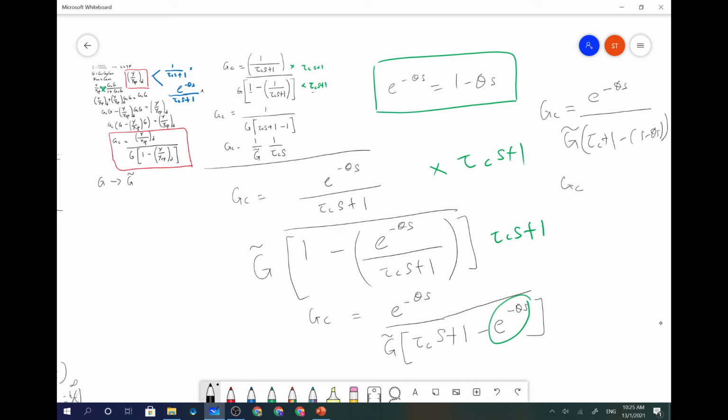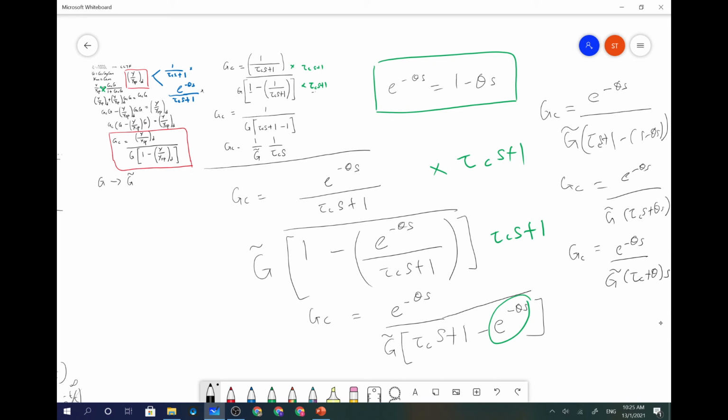And so we have GC is equal to exponent negative theta S over G model tau C S, oh, I forgot my S, 1 minus 1 plus theta S. So your final GC is equal to exponent negative theta S over G model, tau C plus theta S. I hope that you try it yourself because I think it is included in your CA.